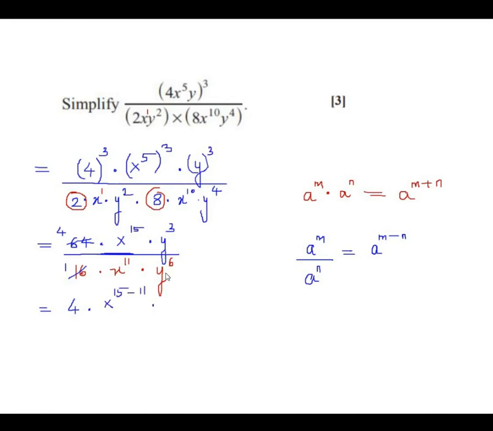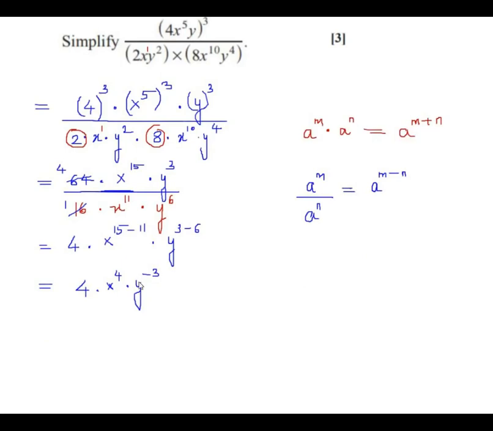Same goes for the y. So we write it as y to the power of 8 minus 6. So finally we get it as 4 times x to the power of 15 minus 11, which is 4, times y to the power of negative 3.